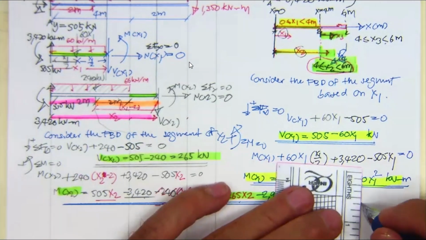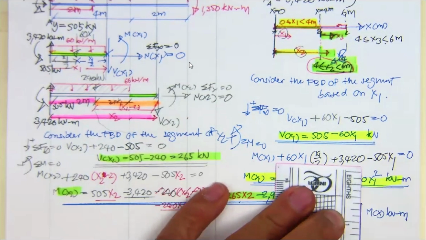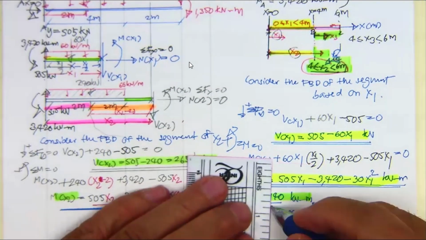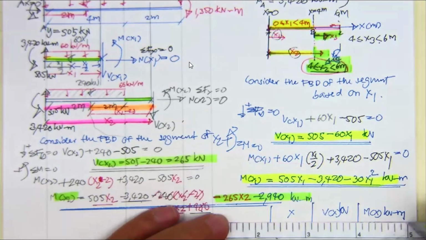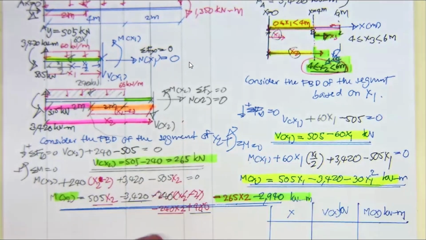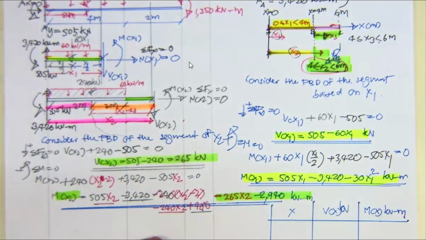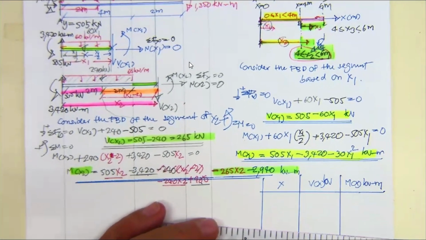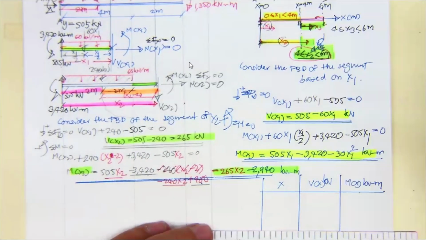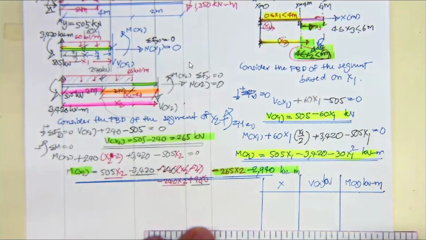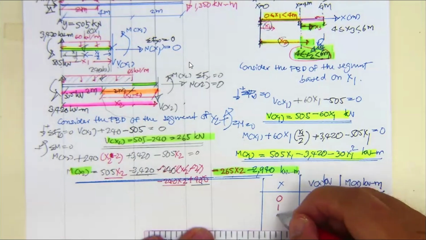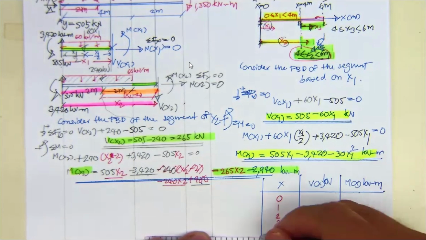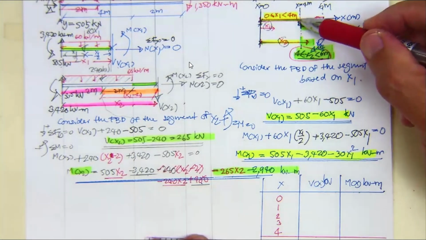Then we just draw the table as we did before, and then x is separated into two sets. Again, x is separated into two sets: from 0 to 4, that's 0, 1, 2, 3, and 4. This is going to be the first portion.